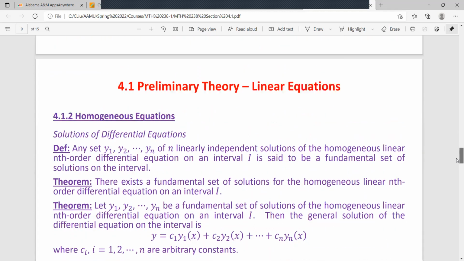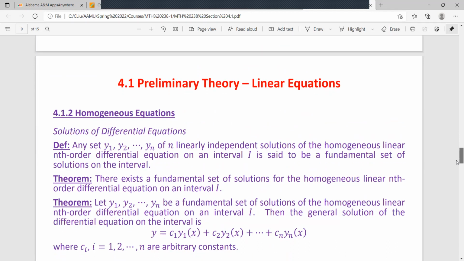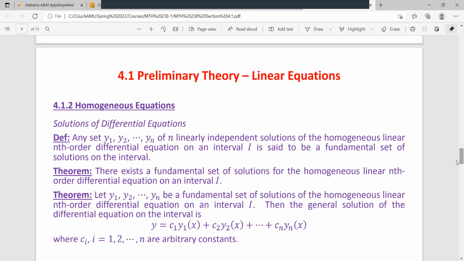Okay, so let's just come back to the homogeneous equations. And we have more definitions and theorems regarding the homogeneous equation solution. So this is for linear higher order homogeneous differential equations.